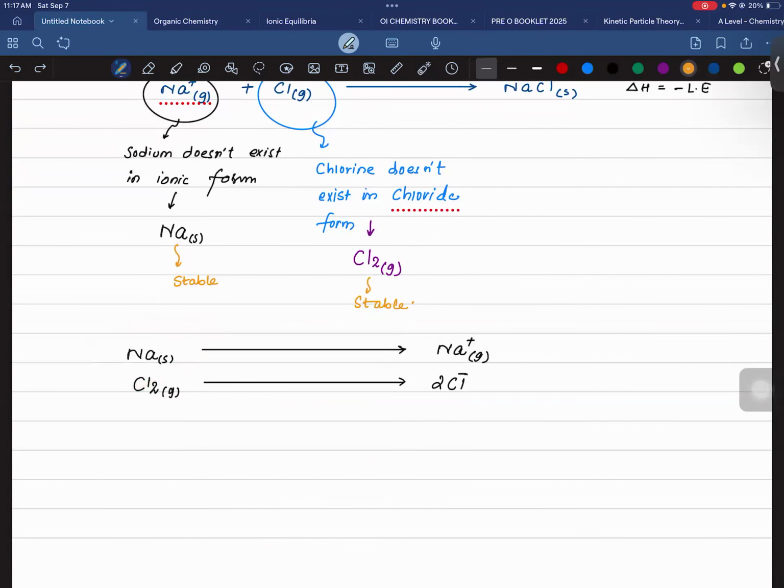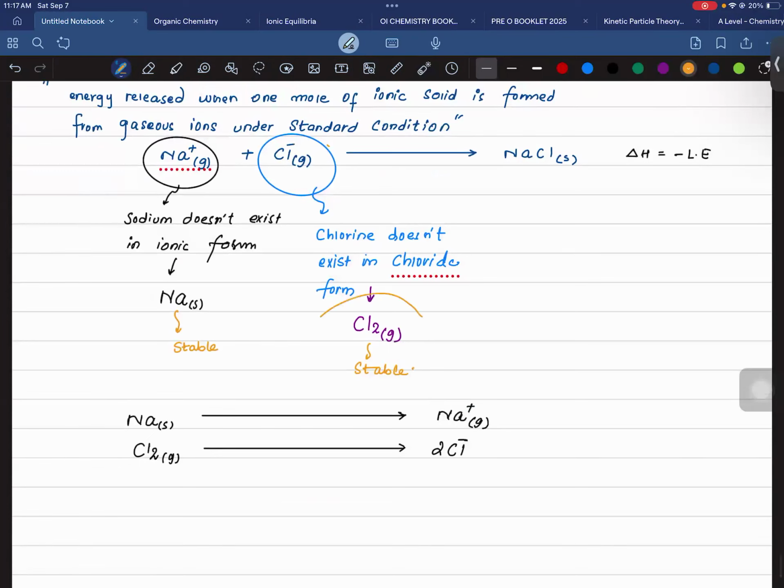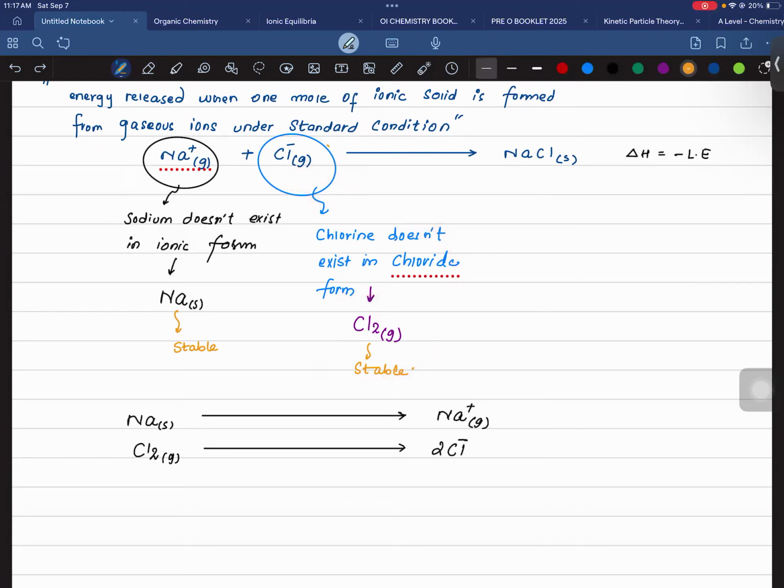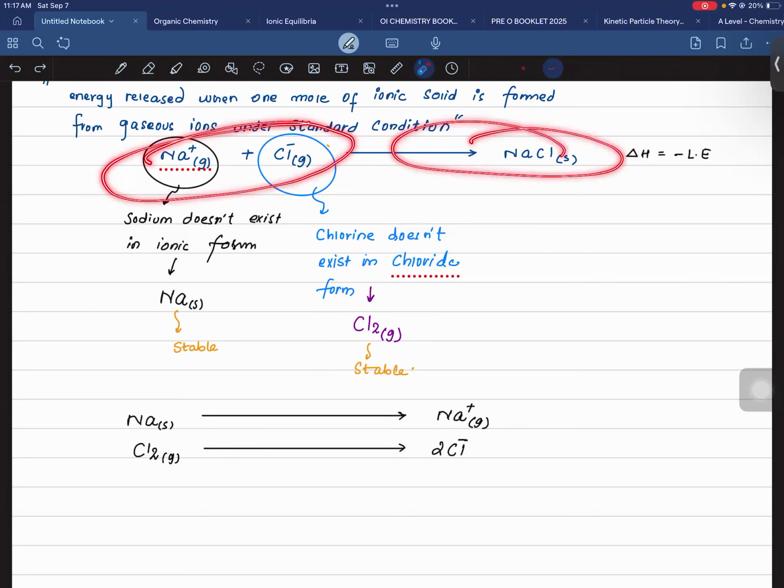Now I have chlorine gas, and I have to convert this Cl2 gas into the Cl minus gaseous ion, so that they can combine with each other to form sodium chloride.